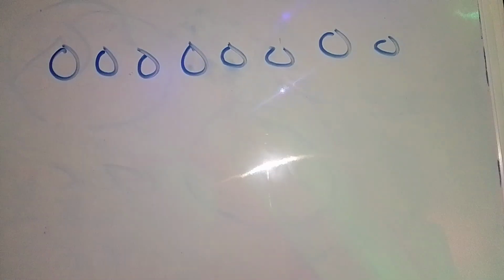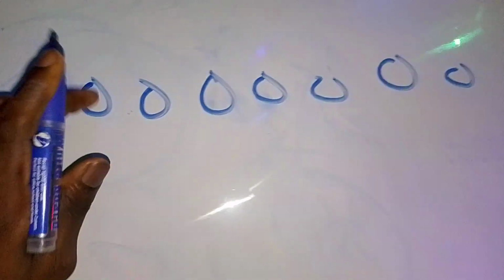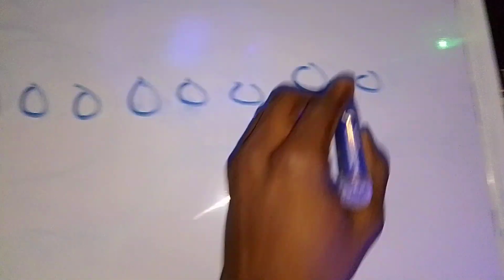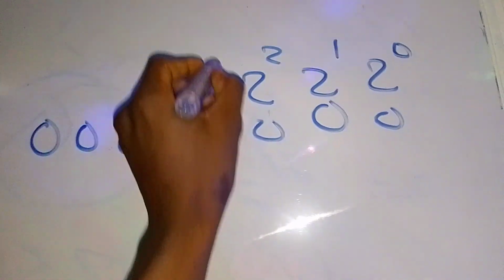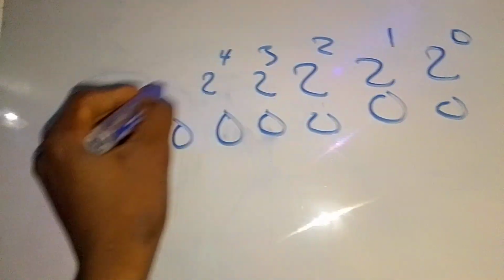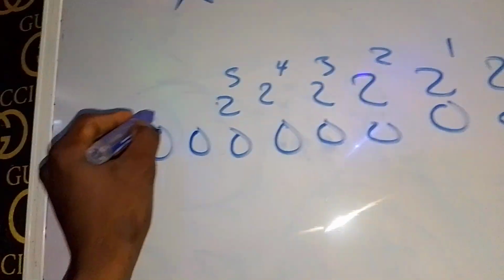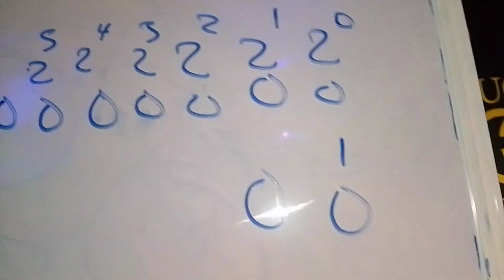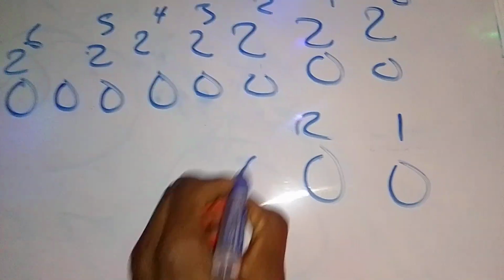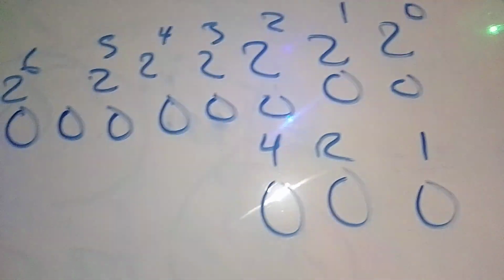Now we have 1, 2, 3, 4, 5, 6, 7, 8. We have this in base 0, base 1, base 2, base 3, base 4, base 5, and base 6. Now, for example, this is 1. This is 2. This is 4. 2 multiplied by 2 is 4.